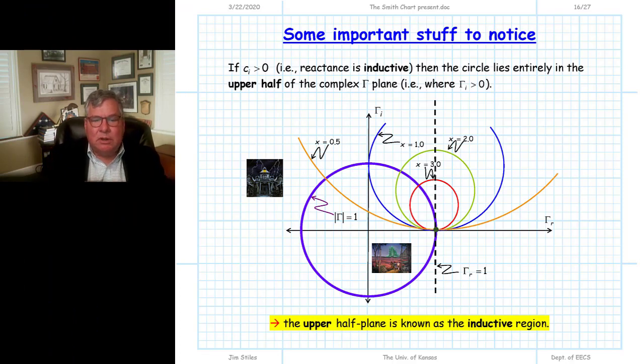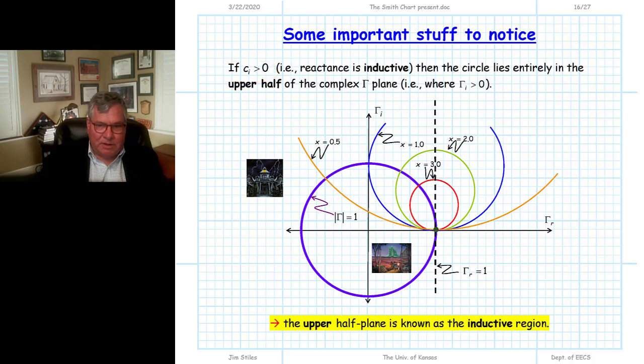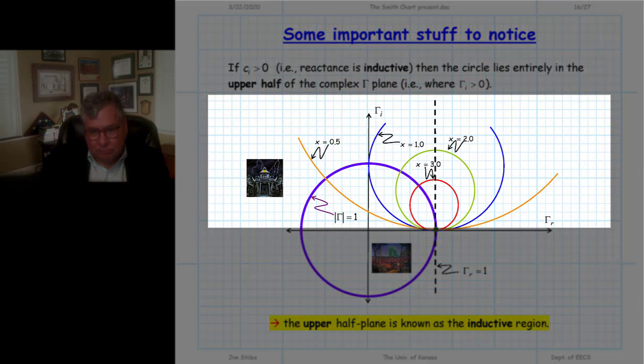All right, so let's go through and divide up this plot into two sections to try to make some sense of it. First of all, let's consider the cases where the value of x is positive. In other words, the reactance is inductive. The imaginary part is positive there. And what we find here are a series of circles that lie in the upper half of the complex gamma plane.